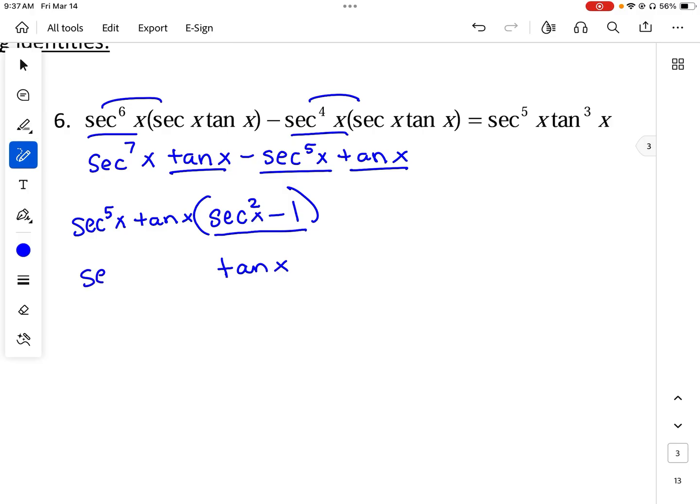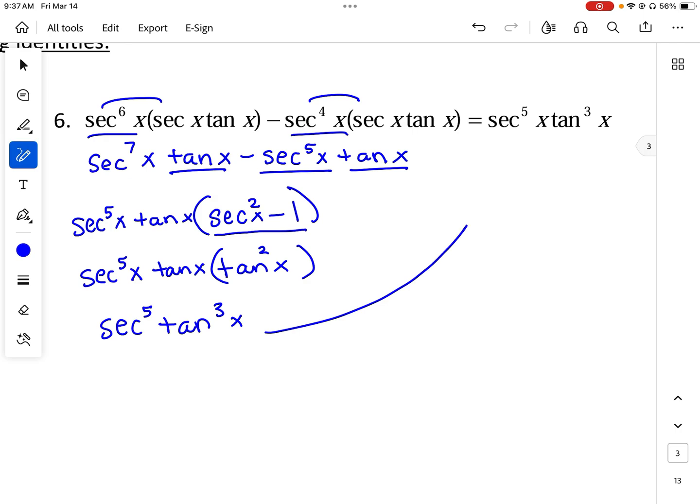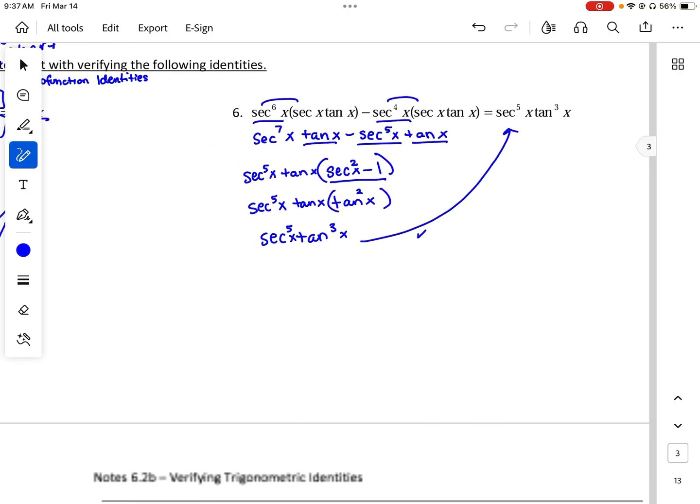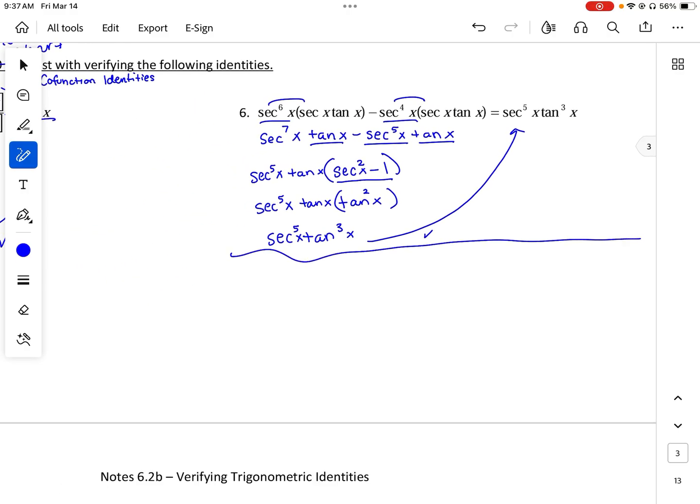Oh, I forgot my x here. Okay, and so this is secant to the 5th x tan x times tan squared x, sorry, forgot that. Okay, so then we can multiply, and that would be tan cubed x, which is what we wanted. Don't forget your x.